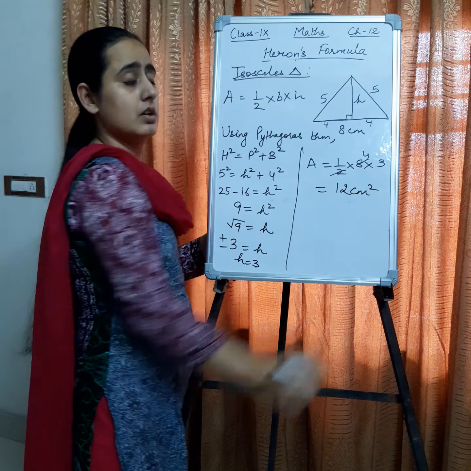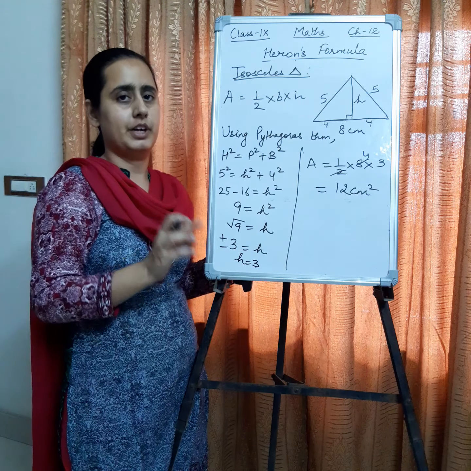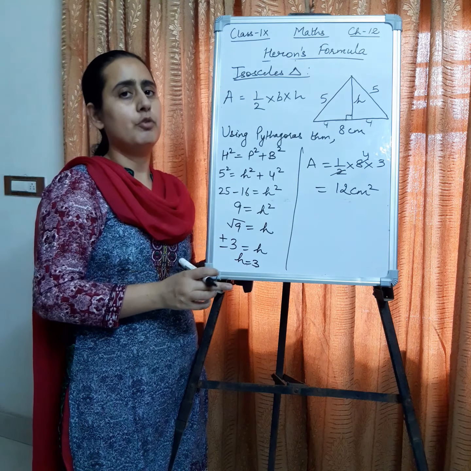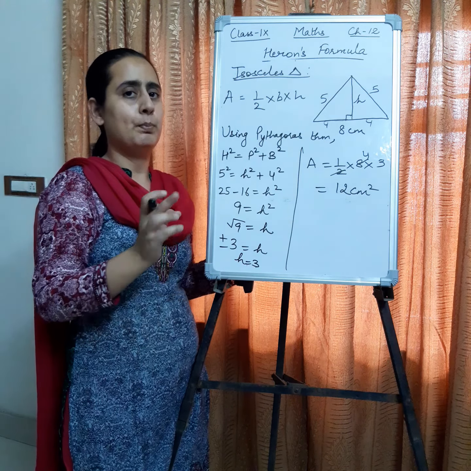Fine. So these three cases were where we were calculating the area of a triangle using the formula of half into base into height. Now coming back to Heron's formula.